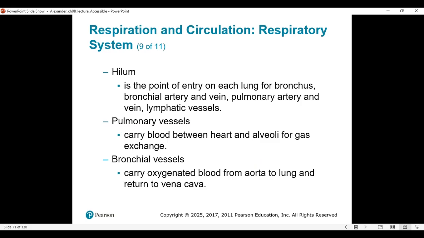We're talking about the circulatory system of the respiratory system, how the lungs get their blood. It enters through the hilum, the point of entry of the lungs for the bronchi, the bronchial artery and veins, and the pulmonary artery and veins. The pulmonary vessels carry blood back and forth between the heart and the alveoli, and the bronchial vessels carry oxygenated blood from the aorta to the lungs and return it through the vena cava.